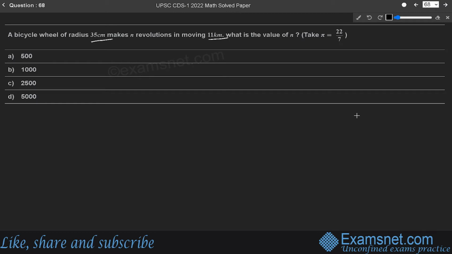According to the formula for perimeter, we know that the perimeter of the wheel will be 2 pi r. So we can say that 2 pi r into n is equal to 11 kilometer.